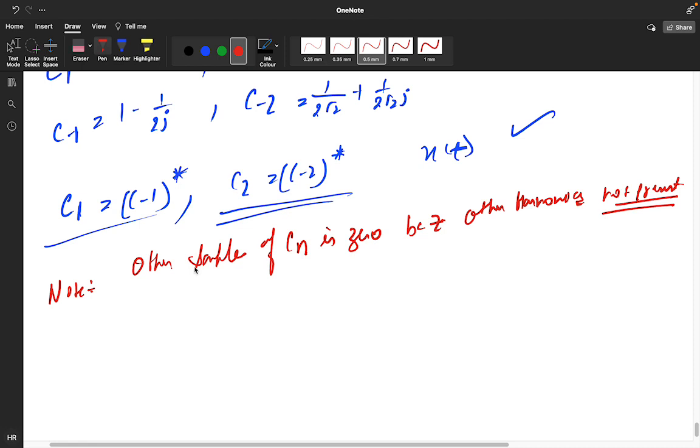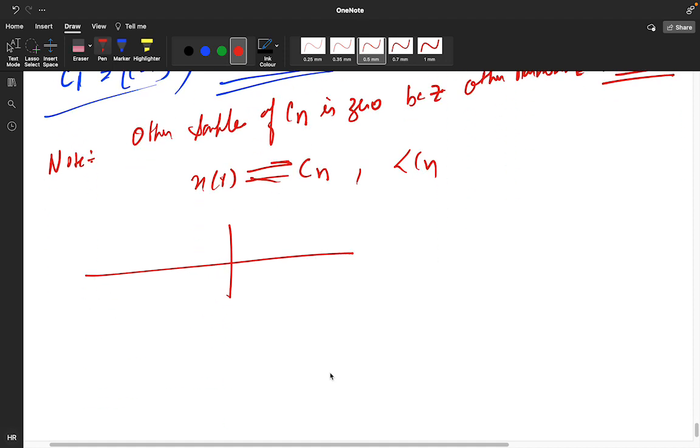Okay, I will tell you the things. If you have some x of t, you will get some C of n value, and with that you will get some angle also. So there are different kinds of representations. You represent mod C of n, whatever value you get at 1, 2, 3, minus 1, minus 2.